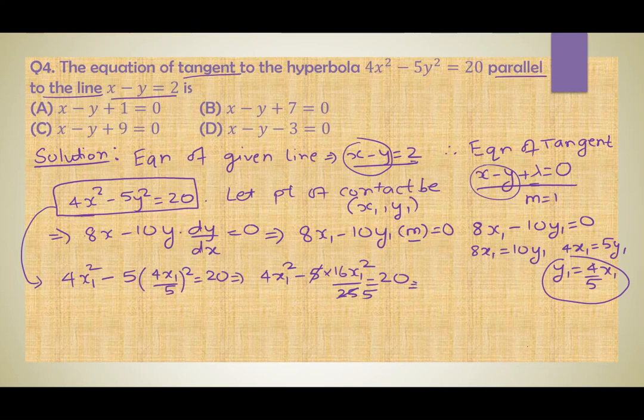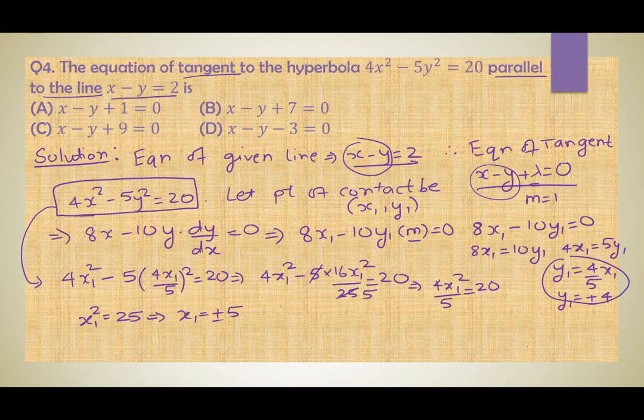This gives 5 into 4, 20 minus 16, meaning 4x1 square upon 5 equal to 20. So x1 square is equal to 25, and x1 is equal to plus minus 5. If x1 is plus minus 5, I can substitute that and get y1 equal to plus minus 4, because 5 gets cancelled and the plus minus sign remains.